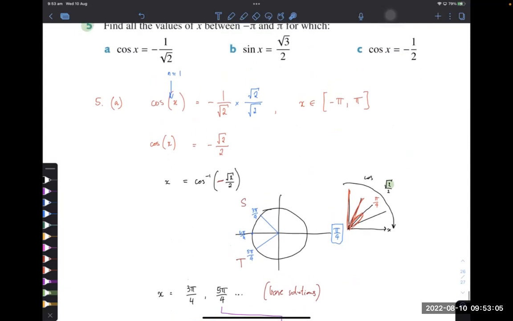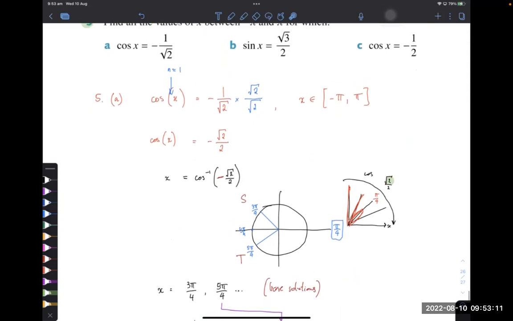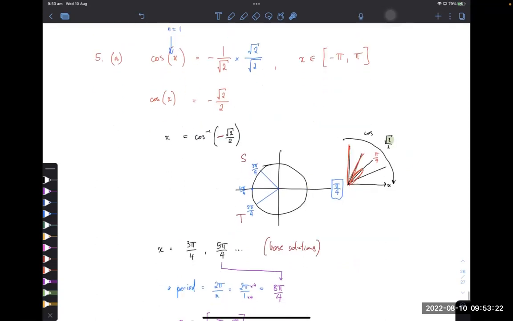Okay. I just like to set the standard as negative pi to pi and then go from there. The difference is when you get to general solutions. Once you get to general solutions, it matters. And it will always go from negative pi to pi.